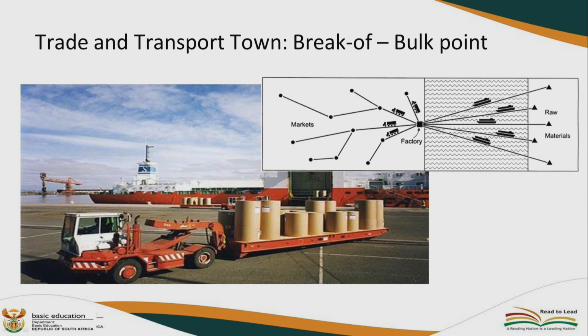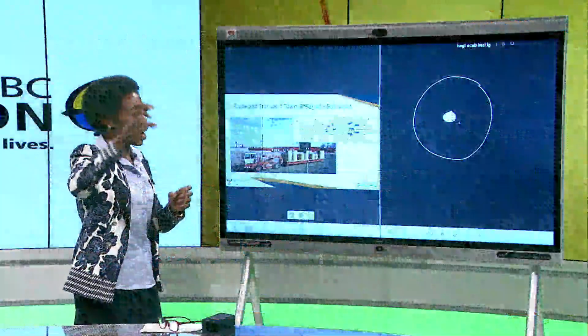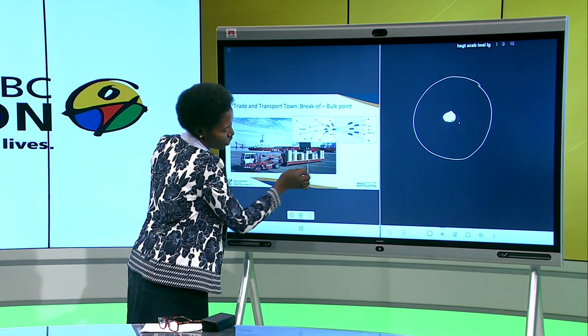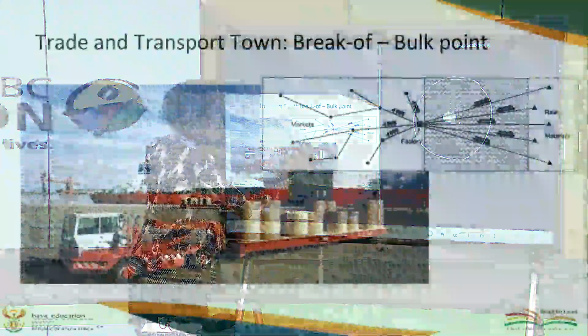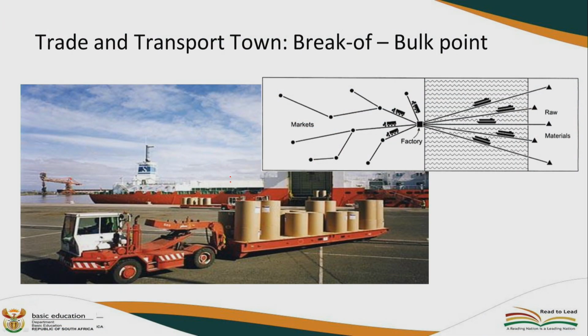What do I mean by break of bulk points? It means there is a transportation of goods. When they transport goods, the goods come with a ship and are delivered at the harbor. From the harbor, it no longer uses a ship to move to another area, but the mode of transport changes. So when we talk about break of bulk points, there is a change of mode of transport. The ship comes with the cargo and delivers it at the harbor, and from the harbor, the truck takes the goods and transports them to the market.